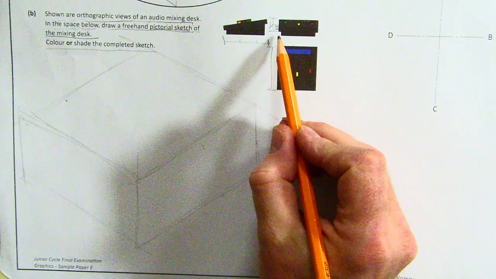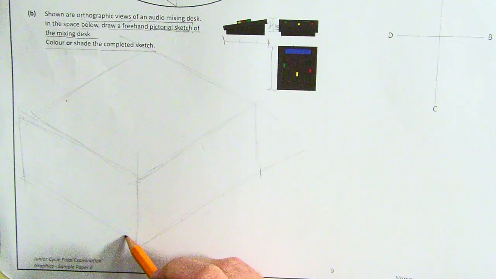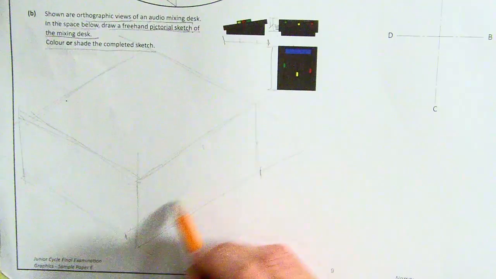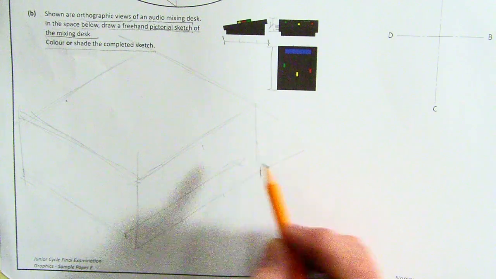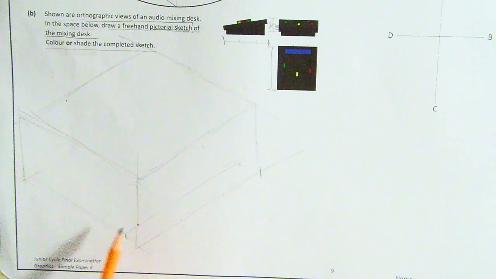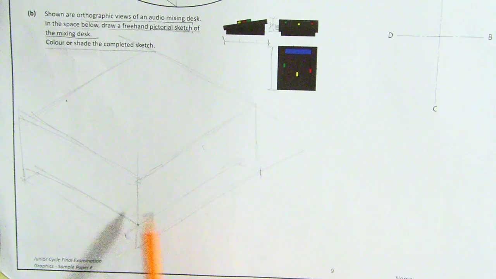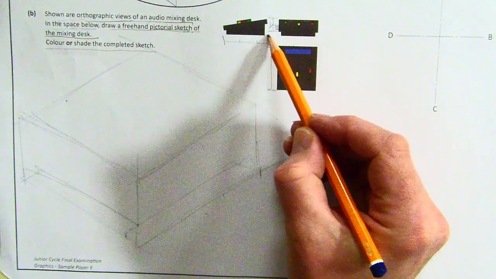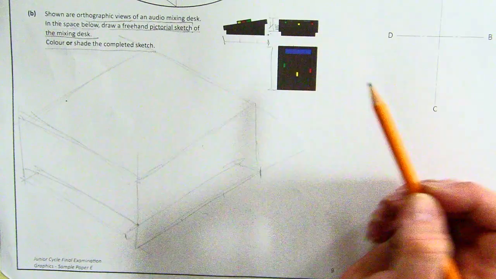You can see that we've got to come in here kind of slightly. Because you can see there's a little gap in here. It doesn't go right to the edge.